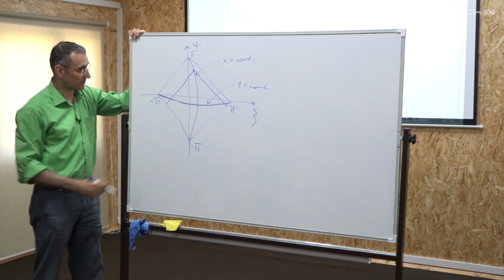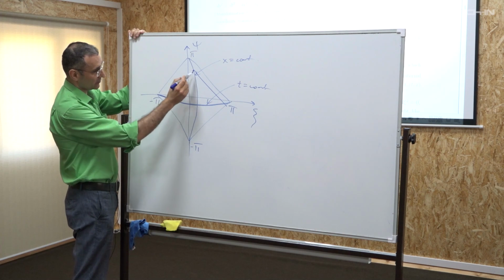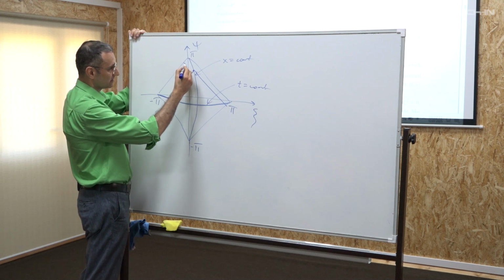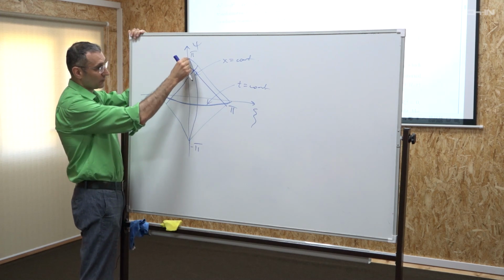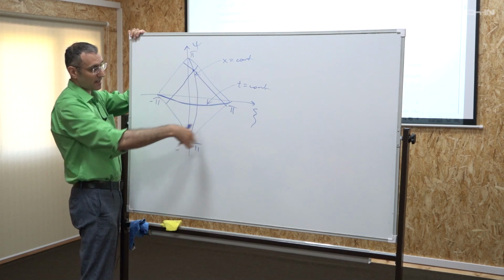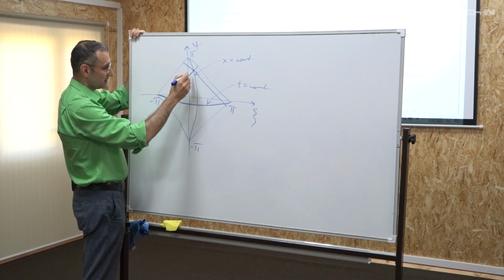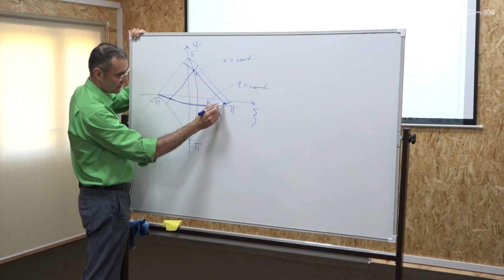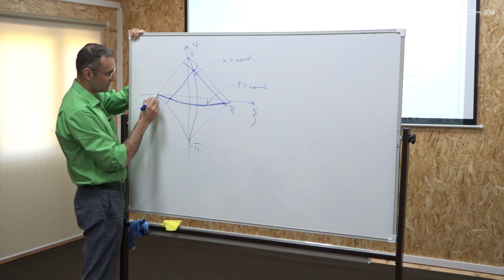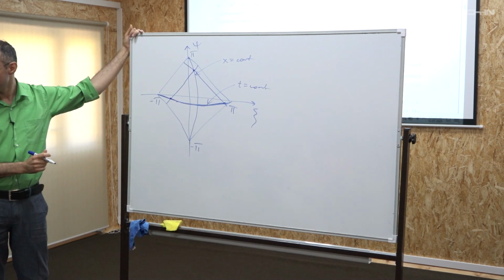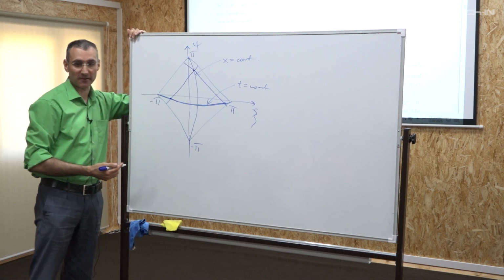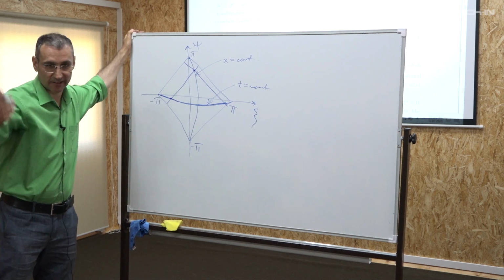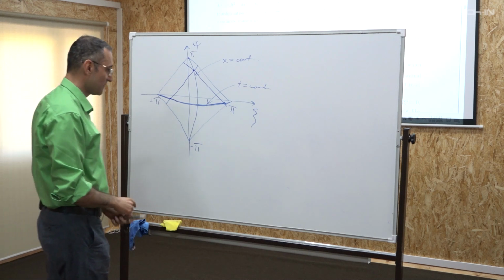Because light rays propagate at speed of light, by this time from here you will receive signals, and you can send signals to this region. But as you move this point, you cover entire space-time. By this moment you see this fraction of this Cauchy surface, but as you move towards future infinity, you see the entire Cauchy surface. So there are no regions in this space-time which are causally disconnected. In Minkowski space-time, sooner or later, you will see everything.